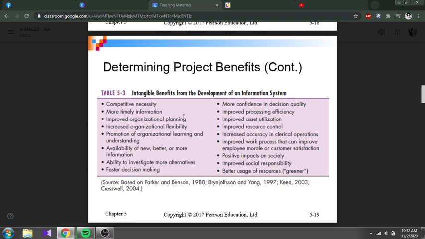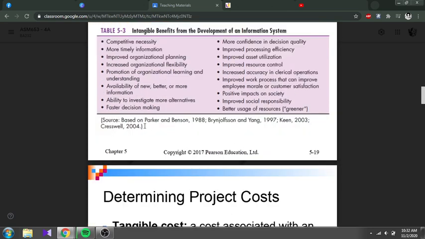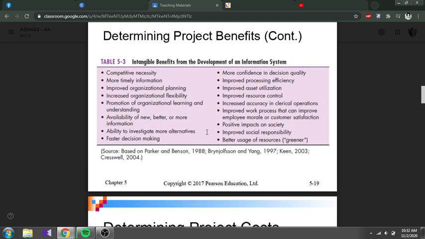Okay, more timely information, improved asset utilization, improved resource control, faster decision making, better confidence in decision quality, availability of new or better information. Okay, this is based on Parker and Benson 1988, and also quoted by Skin and Creswell in 2004. Okay, this one is based on this source.